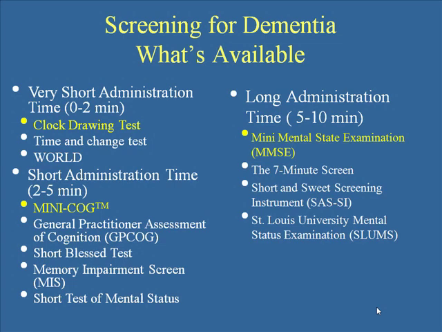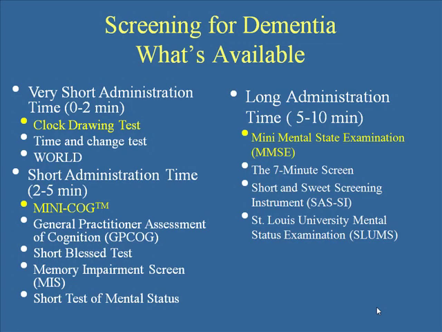I want to drop the name of the General Practitioner Assessment of Cognition, or the GPCOG, because I think those of you who are thinking about how to do this most effectively, if you haven't already heard of the GPCOG, are going to hear more about it.